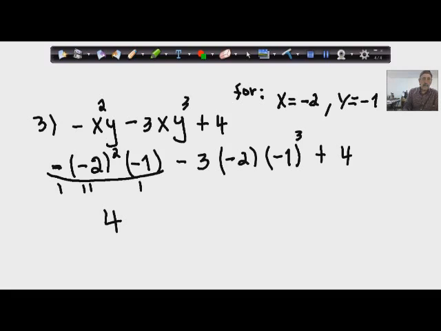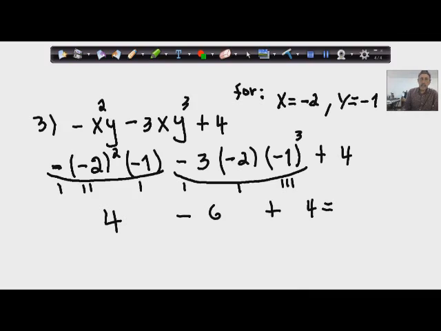2 squared is 4, and now we do the same here, counting the number of minus signs. 1 here, and 3 more here makes a total of 5. This is an odd number of minus signs, which makes a negative term. 3 times 2 is 6, times 1 is 6.